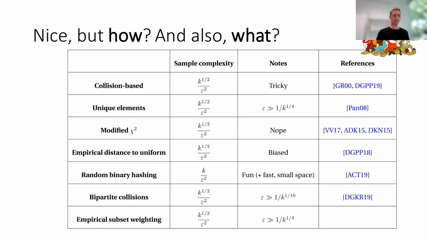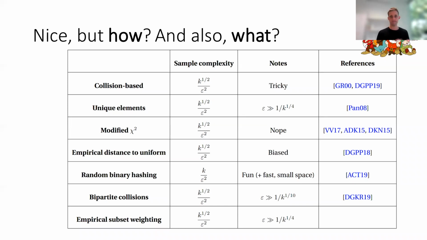Then there's another one that is kind of dual to this one: unique elements. We're going to also see what it does, but basically it counts the number of elements we see only once. So it's exactly the dual to counting the number of elements we see twice. It also achieves the optimal sample complexity, the optimal n, but it has some restriction. The distance cannot be too small in the way we frame the problem.